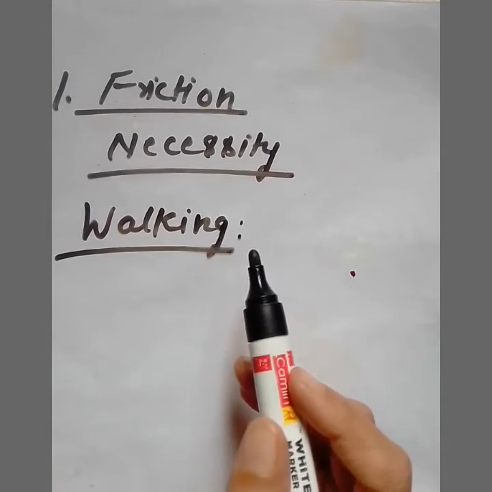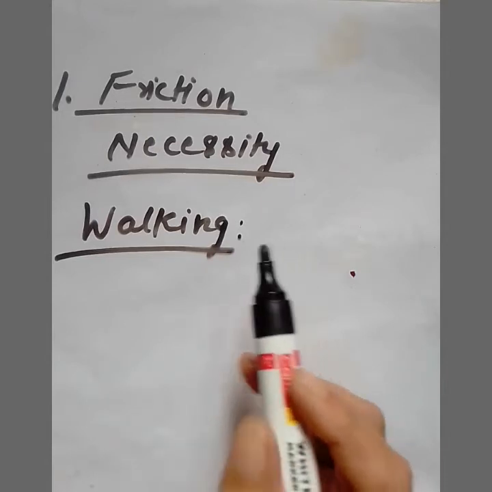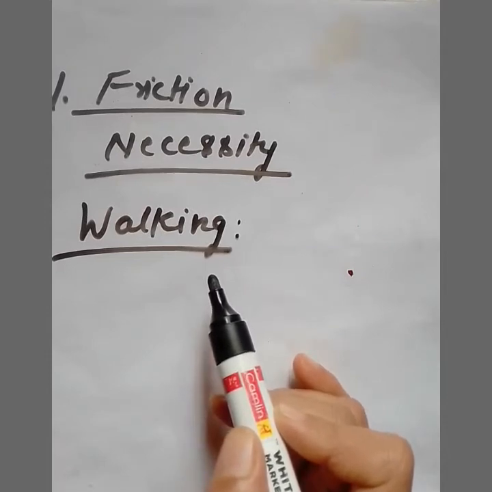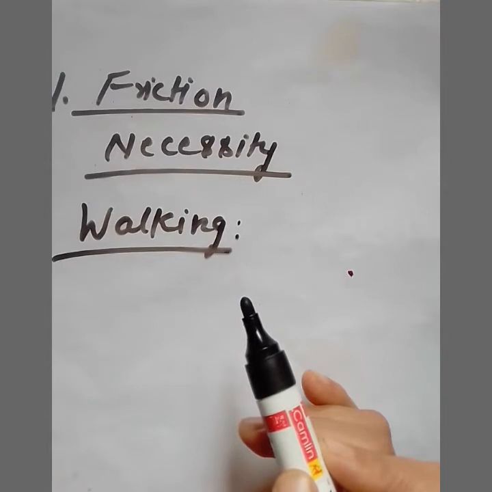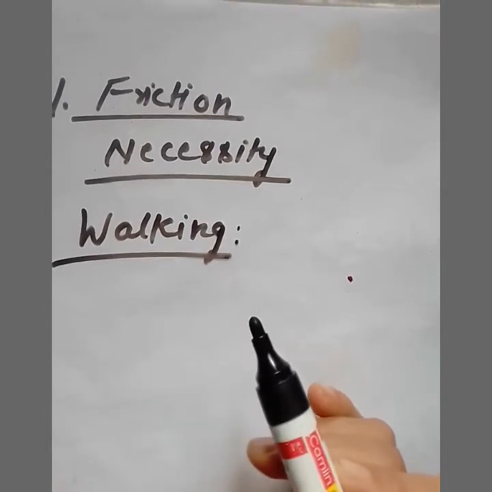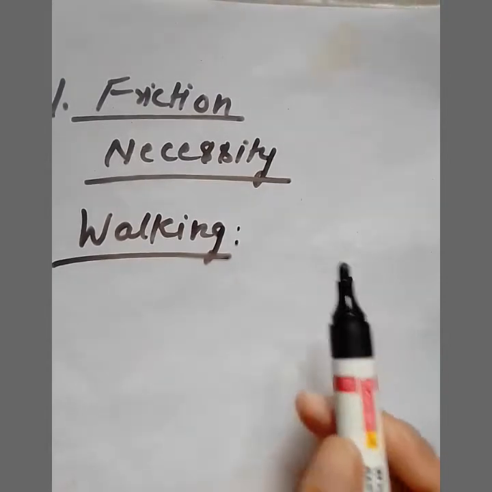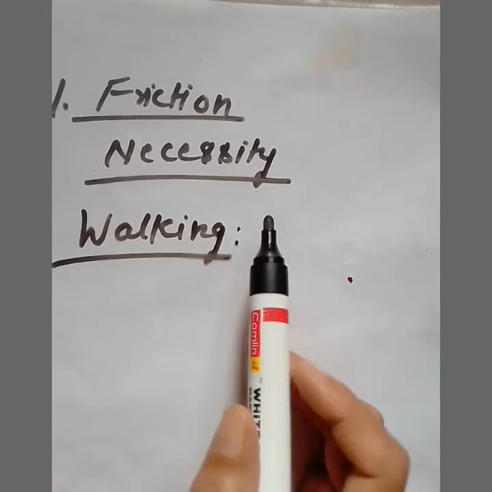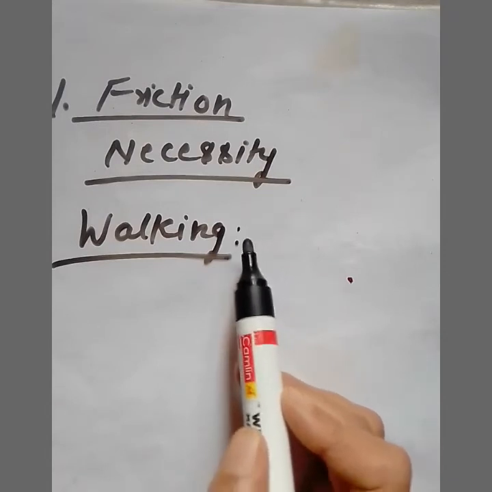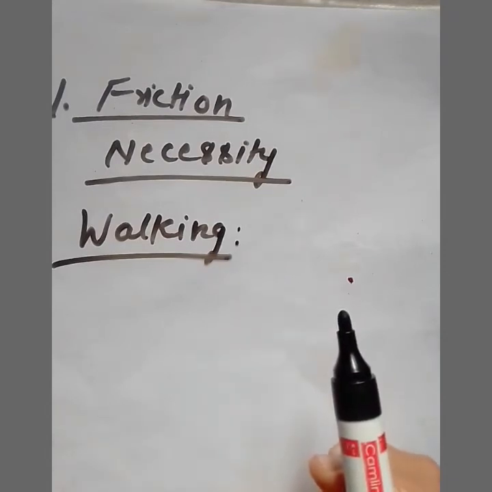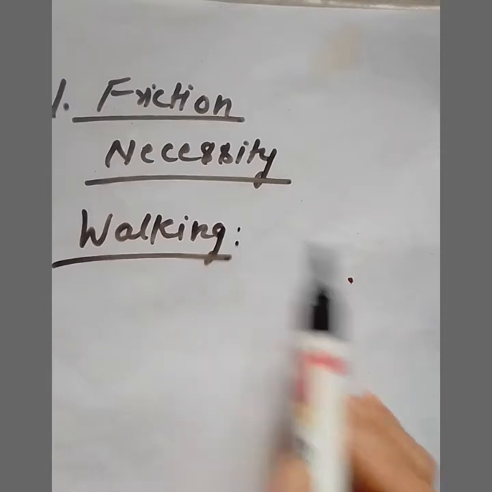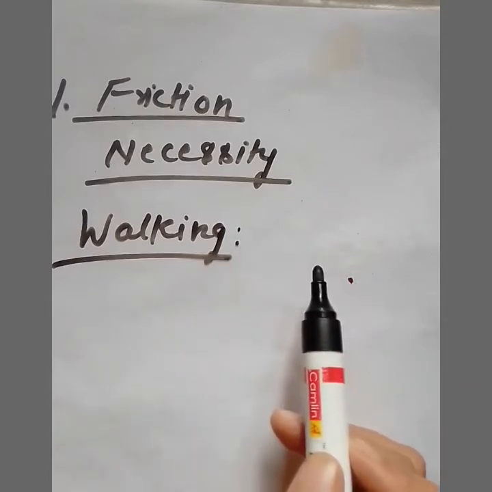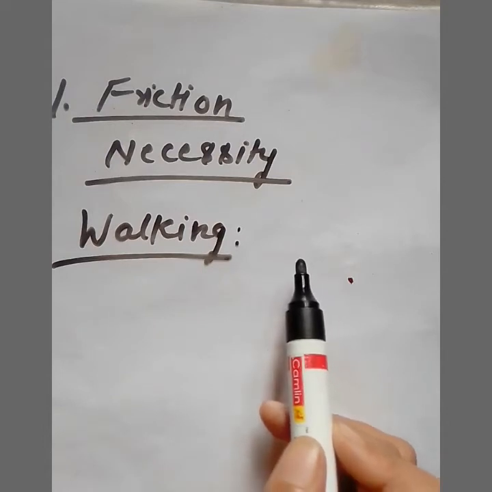When we push the ground under our feet in the backward direction, the frictional force provides the forward reaction and we are able to move. So without friction we cannot walk. If it is absent between the sole of the shoe and the ground, it will not be possible for us to walk.